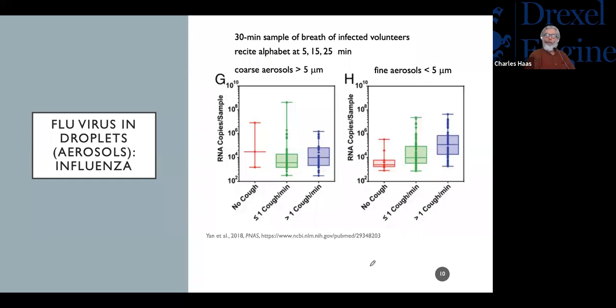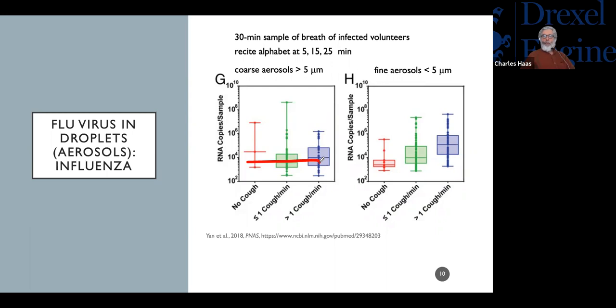For coarse aerosols, almost regardless of whether there's no cough, less than 1 cough per minute, or greater than 1 cough per minute, about 3,000 or 5,000 RNA copies were generated over 30 minutes.